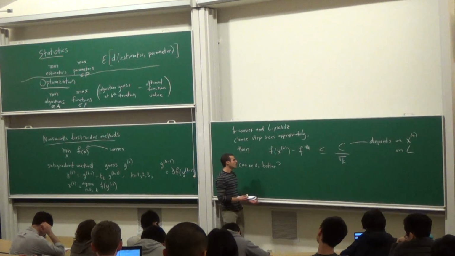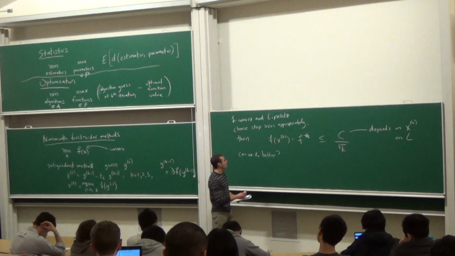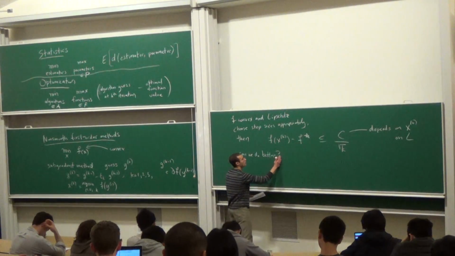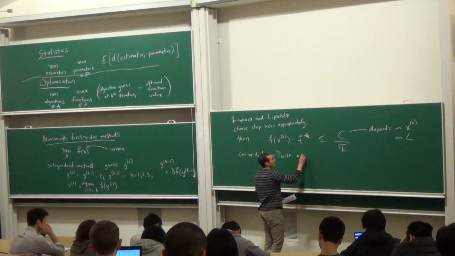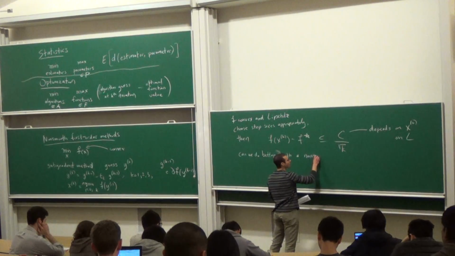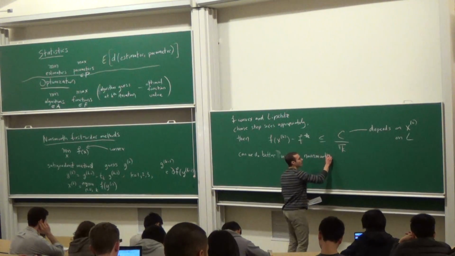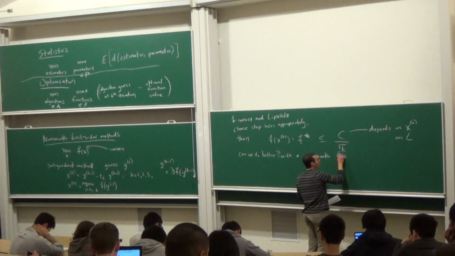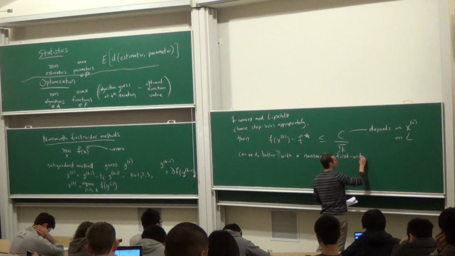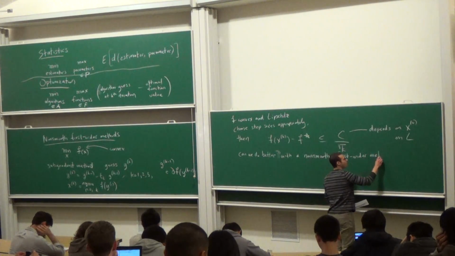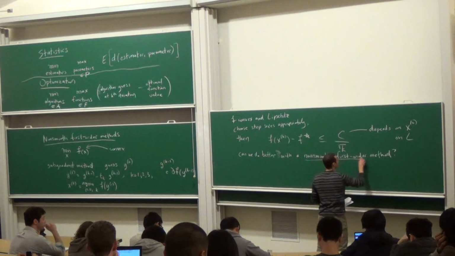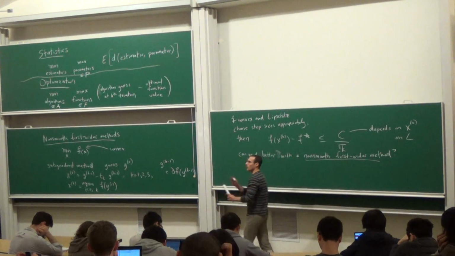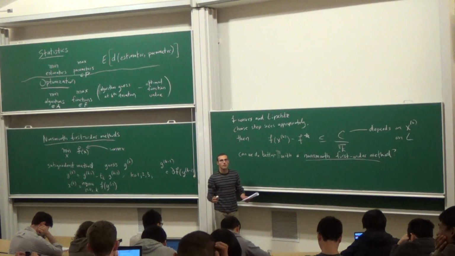So we're going to ask, can we do better with what we call a non-smooth first-order method? And what I mean by that is that I'm going to allow myself to look at any algorithm that has the following property.